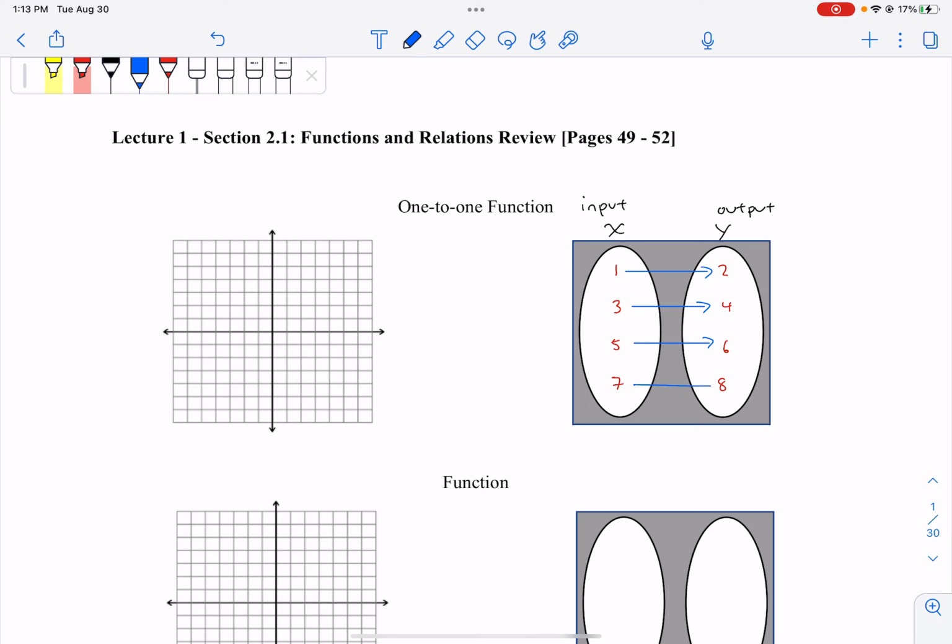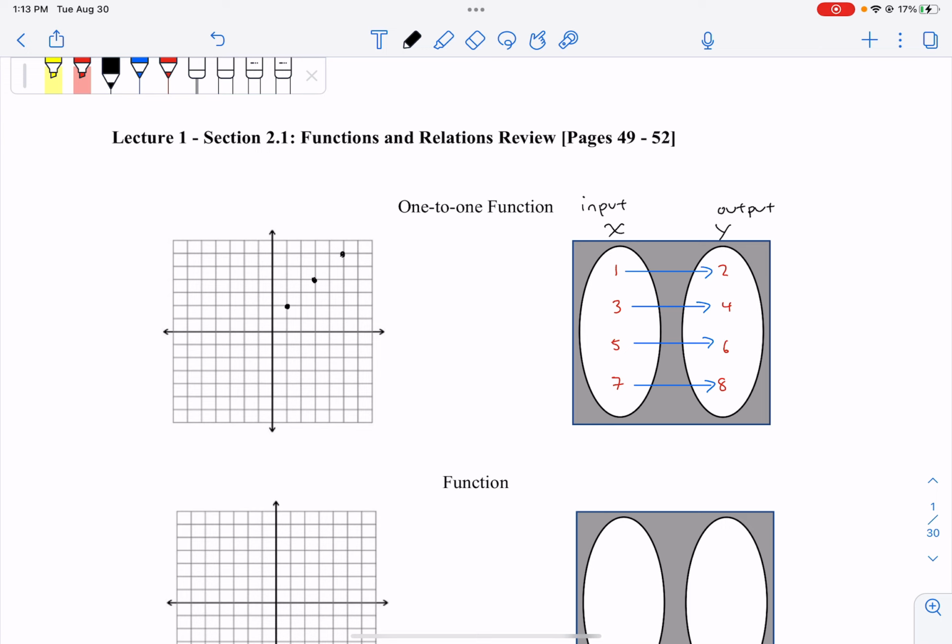So if I were to plot these out over here, 1, 2, 3, 4, and 1, 2, 3, 4, 5, 6.